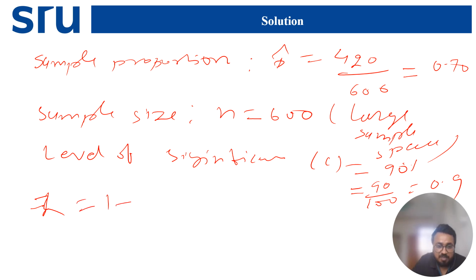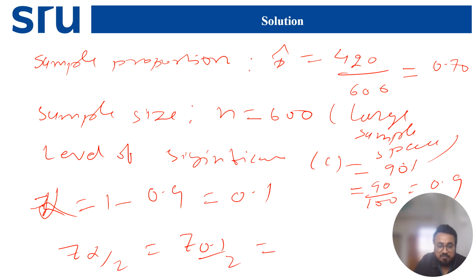Alpha equals 1 minus 0.9, so this is equal to 0.1. So Z alpha by 2, that is Z 0.1 by 2, we can find this value from the table. This is 1.645.